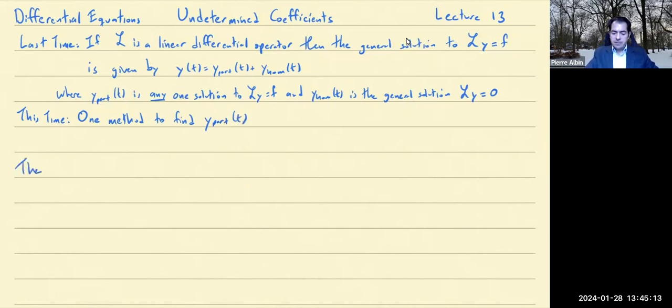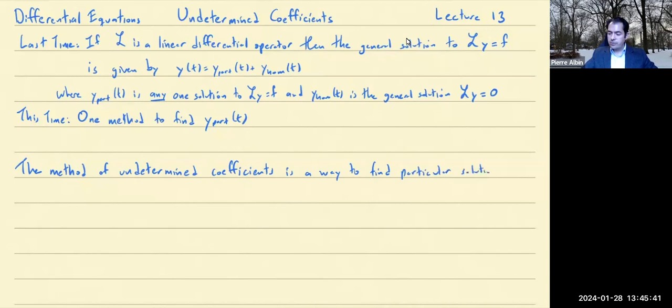Okay, so the method of undetermined coefficients is a way to find particular solutions of certain non-homogeneous equations.